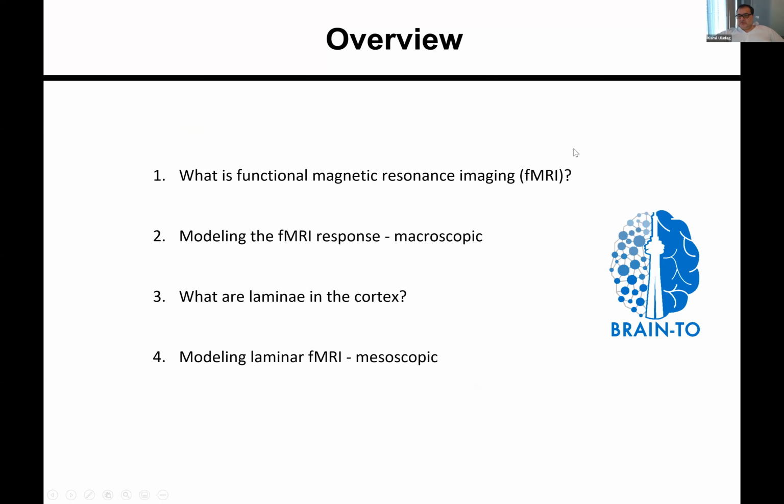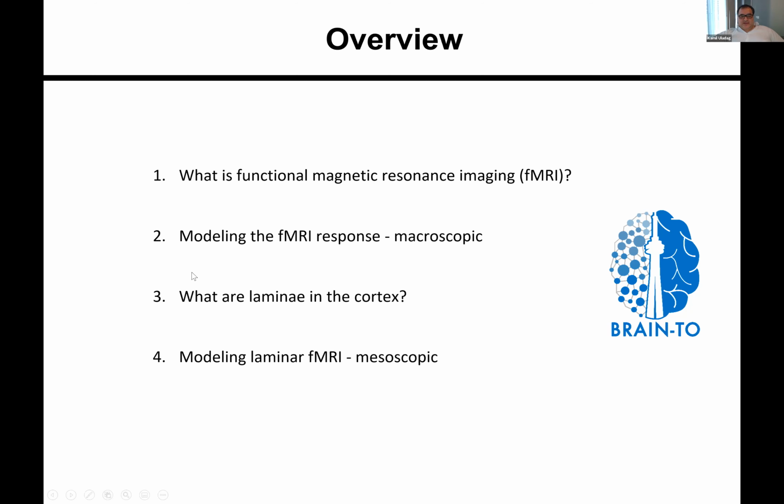Because of the diverse background of the people, I will just give a primer on what functional MRI actually is. And then I will describe our modeling of the fMRI response on a macroscopic level, so on the level of big voxels or brain areas.